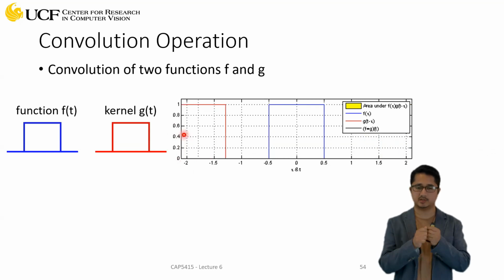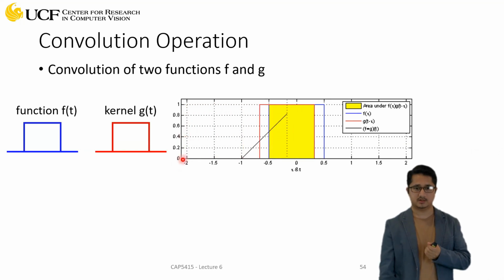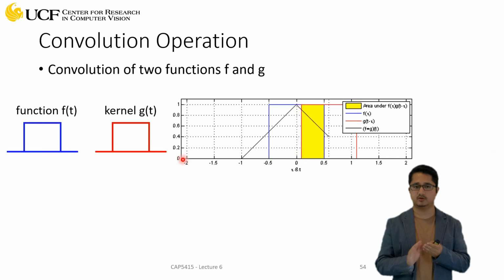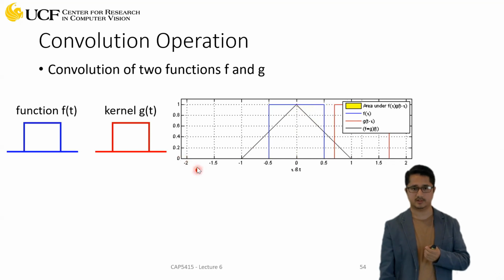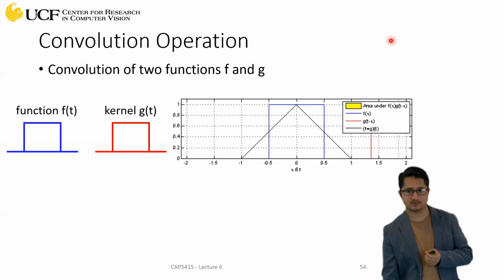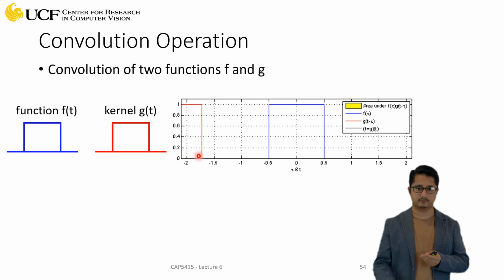Element-wise multiplication gives you 0. Now you will stride your kernel towards the right, and then keep computing that convolution value.